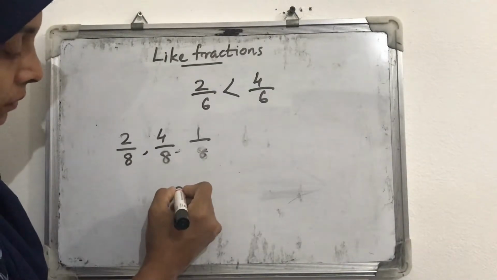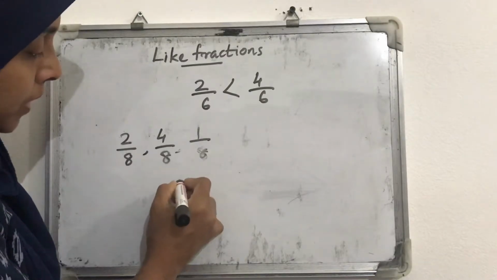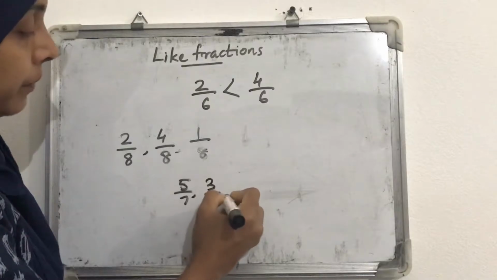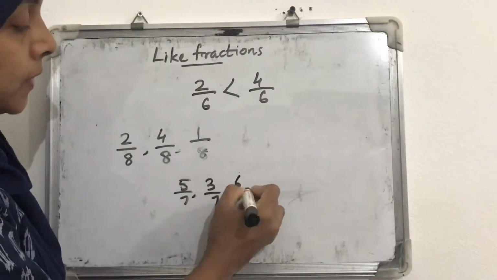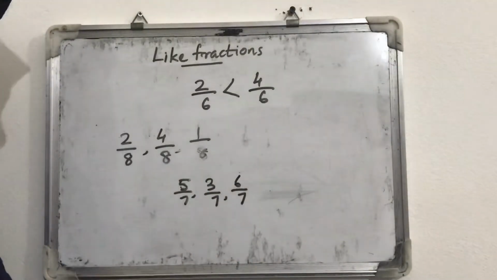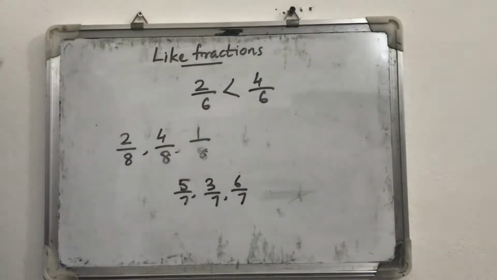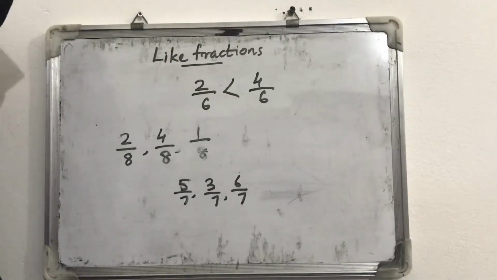Now another set is 5 by 7, 3 by 7, then 6 by 7. When we check the denominators of these three fractions, what is the denominator? 7. All the denominators are same, 7.